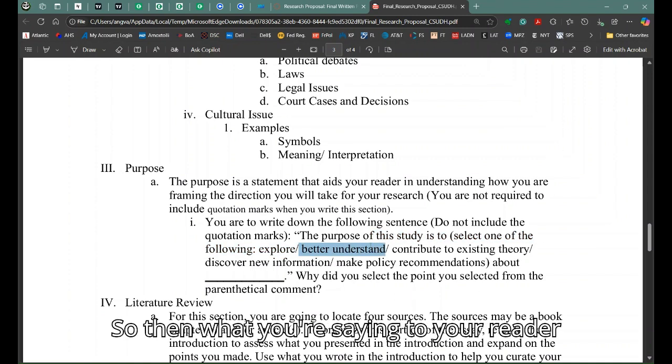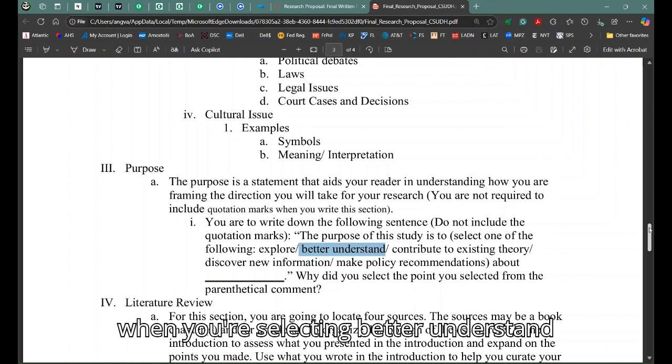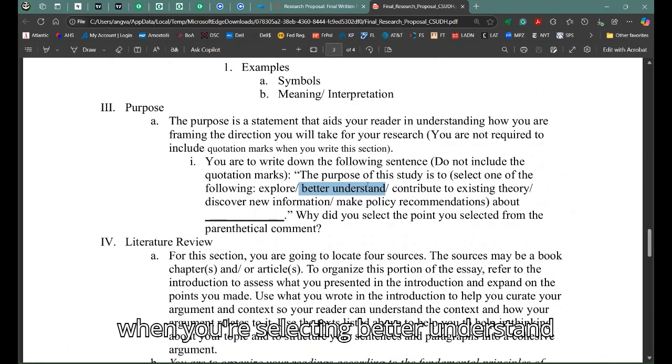When you select better understand, you're telling the reader that you have a familiarity with the topic and the issues.